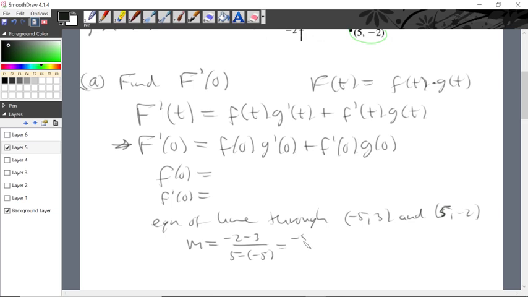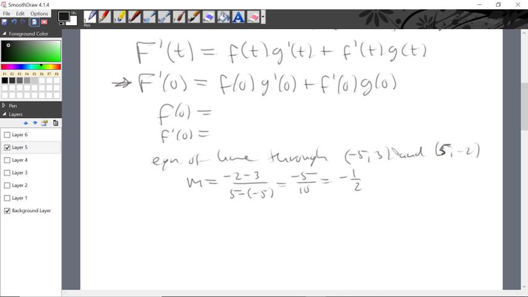And that gives us -5 over 10, which is -1/2. And now we can write an equation of the line by choosing any one of these 2 points along with the associated slope. So how about y minus 3 equals -1/2 times x plus 5. That would be an equation of that line right there.